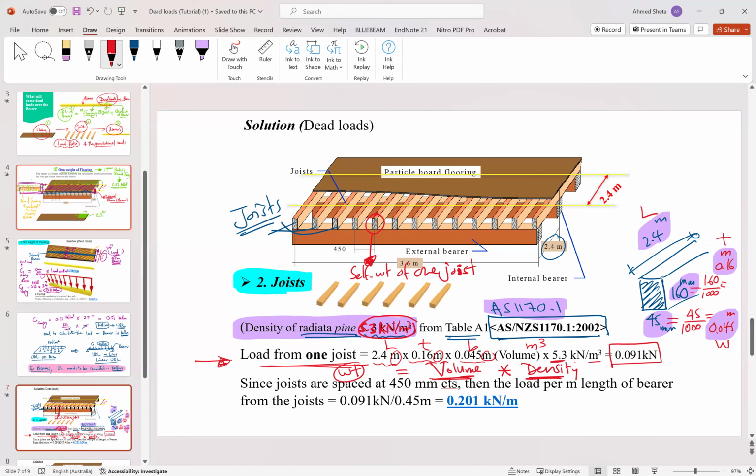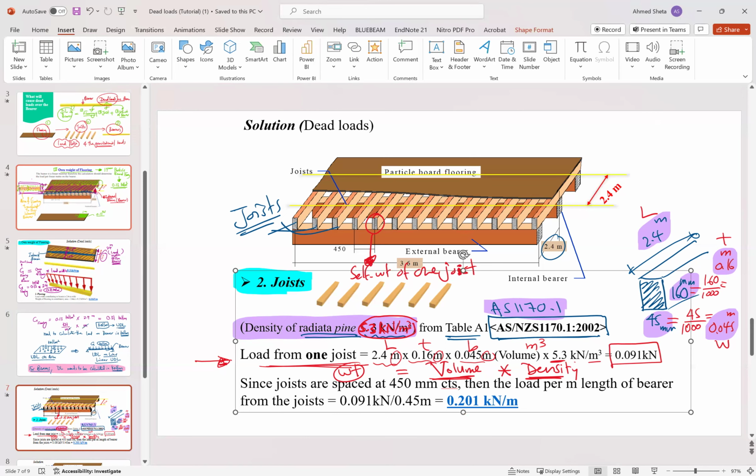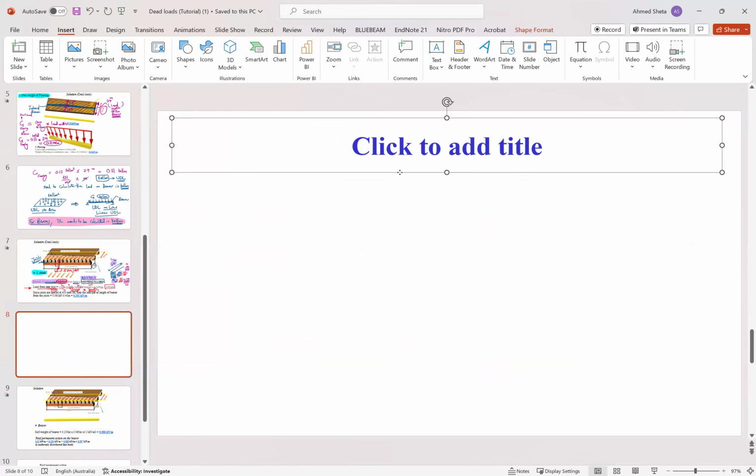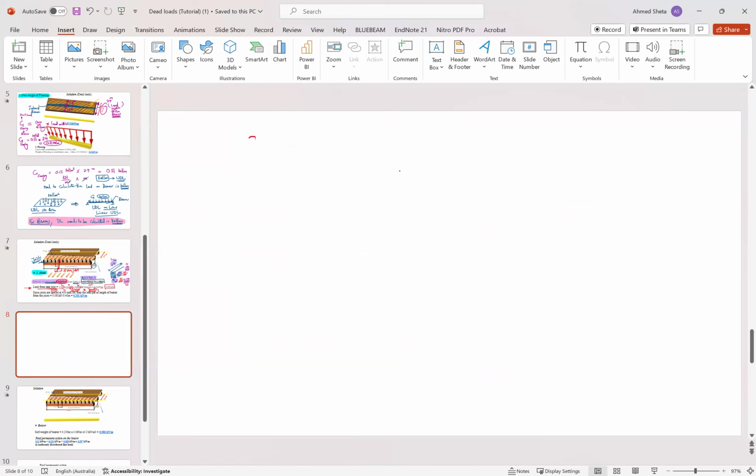So if we do it here as well, we can insert another slide here. To find the self weight of one joist, or the load from one joist, will be equal to the volume of the joist times the density of the joist.